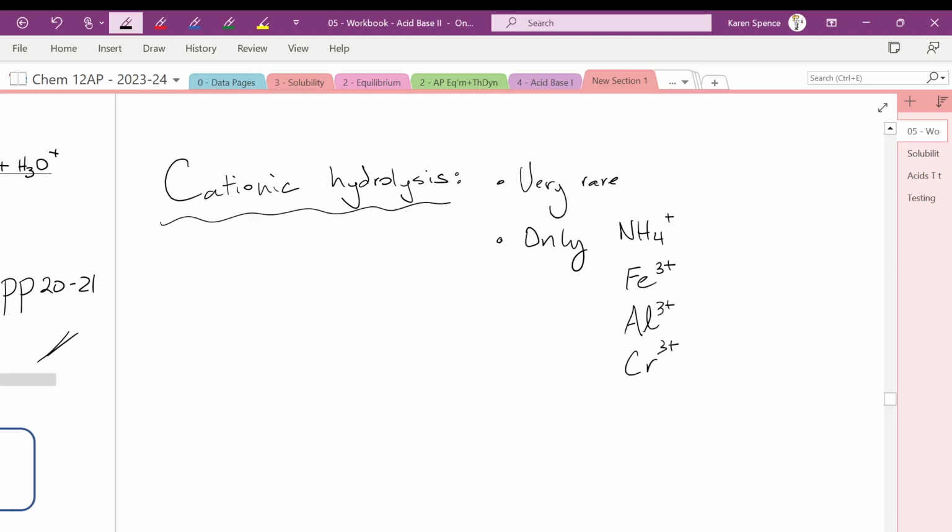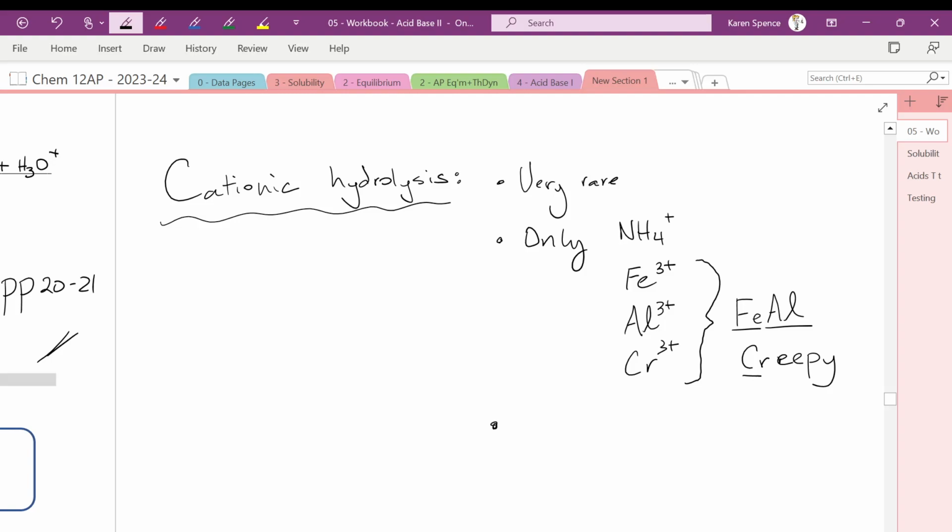Now, how could it be easy to remember these? I came up with a little mnemonic device, and that is: feel creepy. So if you have ammonium or one of feel creepy, then guess what? You have cationic hydrolysis.